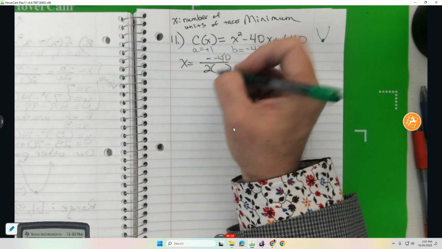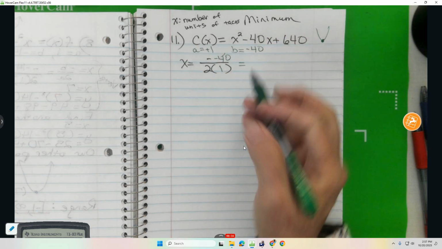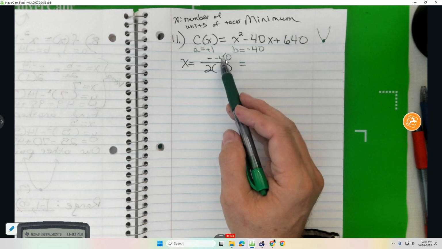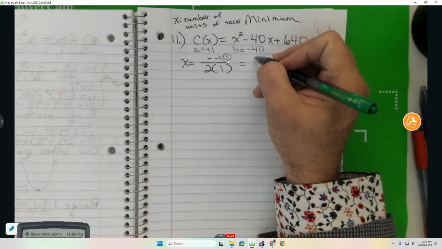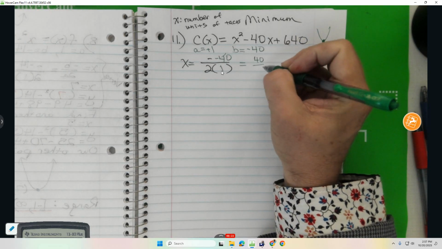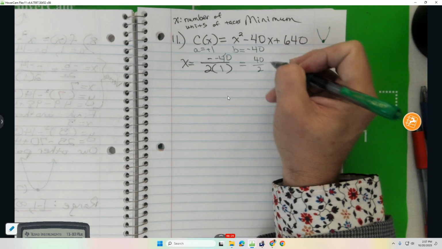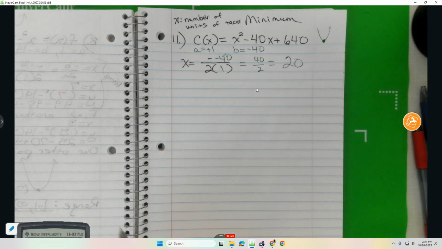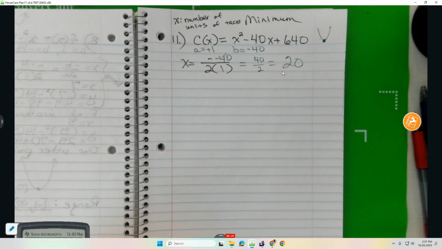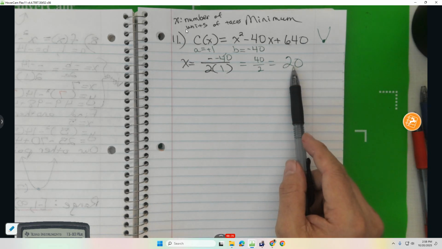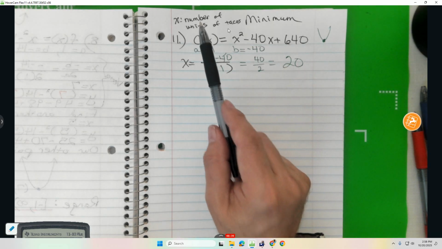That a value is a positive 1. The opposite of negative 40 is a positive 40, divided by 2. We get 20. Is that $20? Is that the cost of operating the taco stand? What does x represent? Is it dollars? No, it's the number of units of tacos.